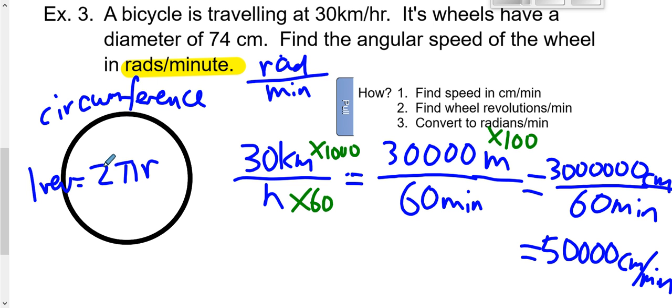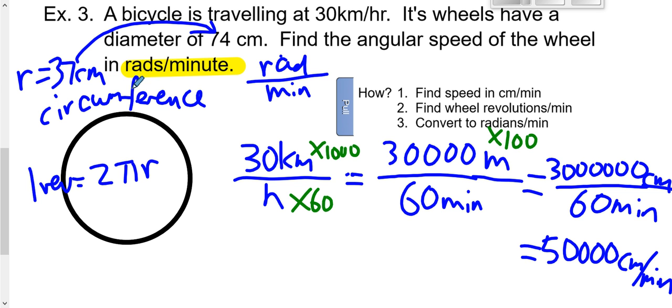You can find that distance with this formula, 2 pi r. And of course, the r here is half of this. So divide this by half. That means the radius is 37 centimeters.